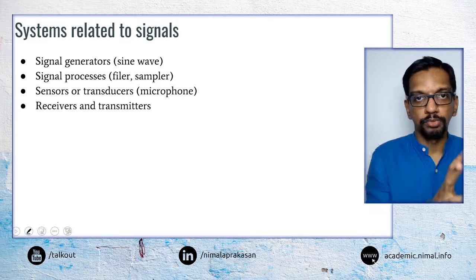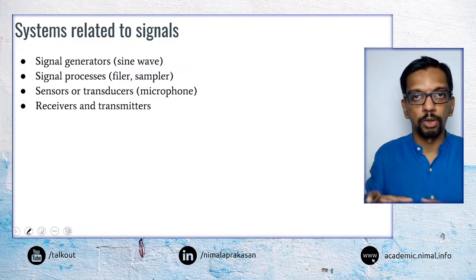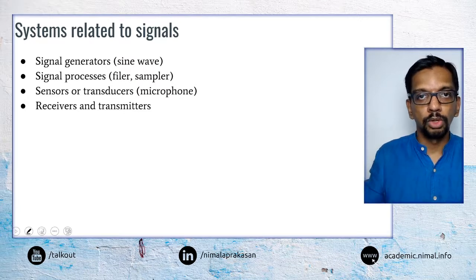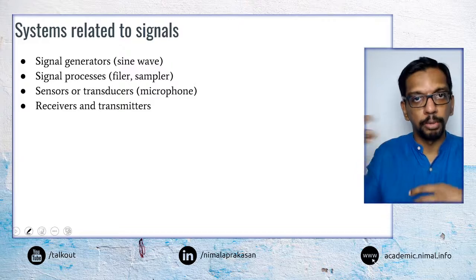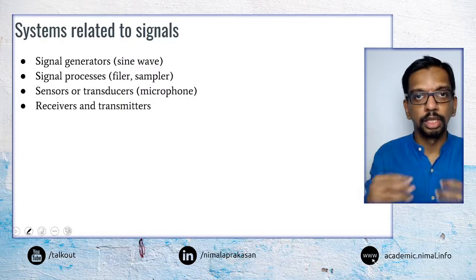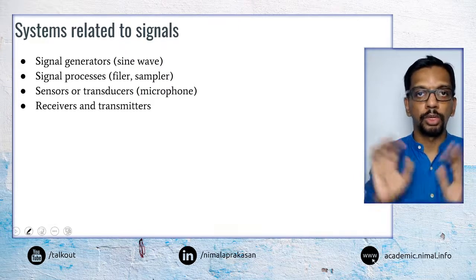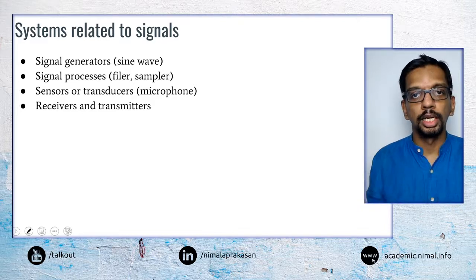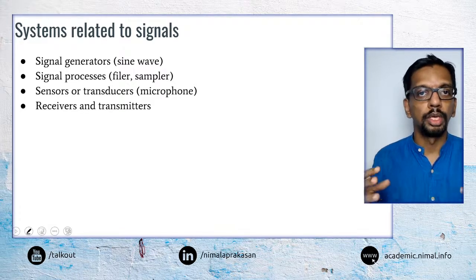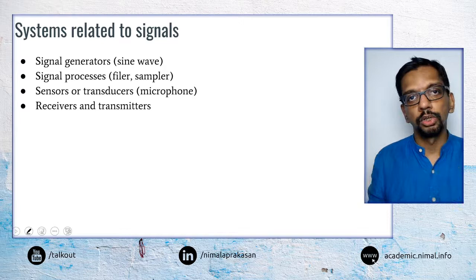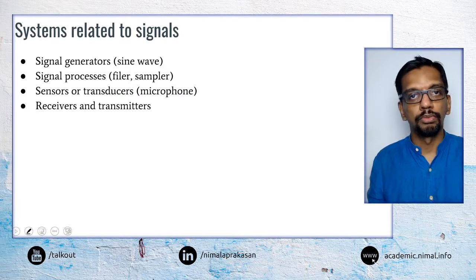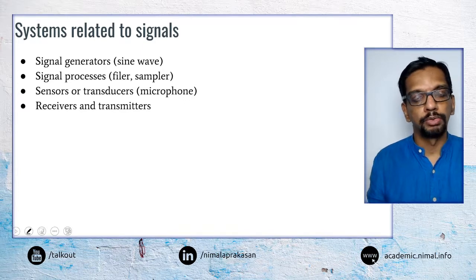The main focus of the course is control systems, but because control systems are controlled and measured using signals, we will also significantly focus on signals and these related systems that are auxiliary to, or feeding into, these control systems.